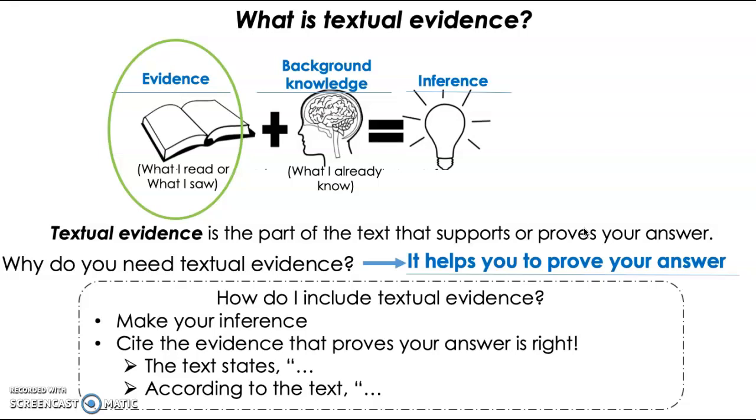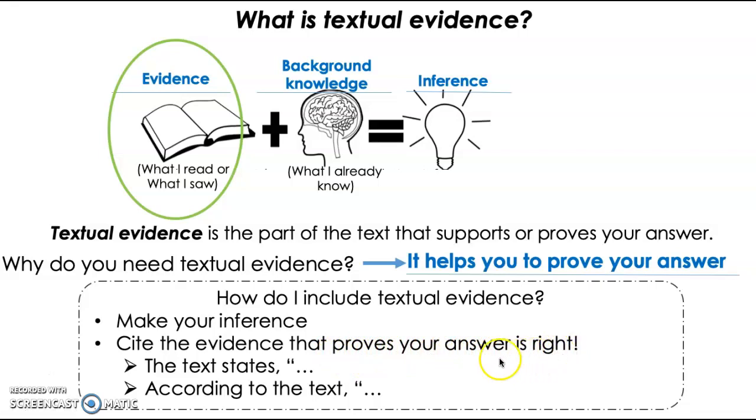So in order to include textual evidence, first you need to make your inference. So say, in this case with character traits, you're going to say how you describe that character. Then you need to cite the evidence that proves your answer is right. Okay, so we're not just choosing any old piece of evidence. We're choosing the evidence that proves your answer is right.